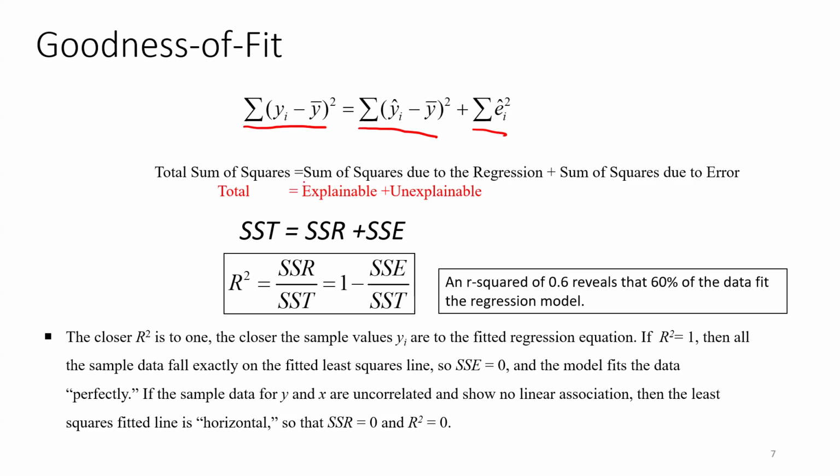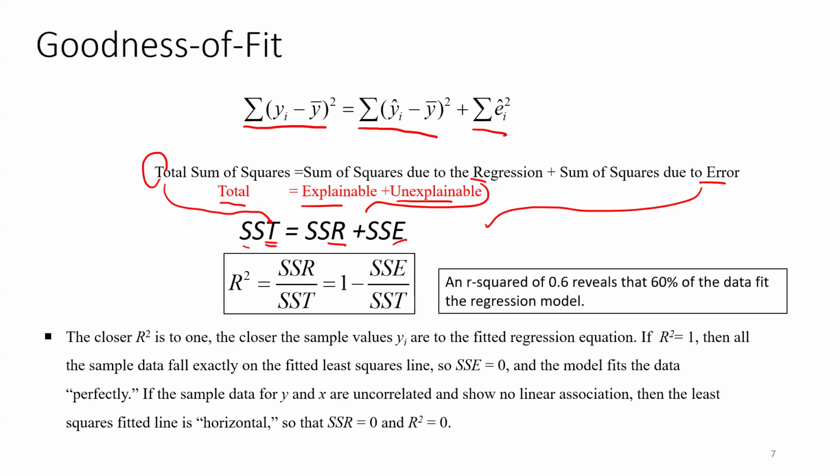Total sum of squares equals sum of squares regression plus sum of squares error, or total equals explainable plus unexplainable. So SST, sum of squares total, SSR, sum of squares regression, and SSE, sum of squares error. SST equals SSR plus SSE.